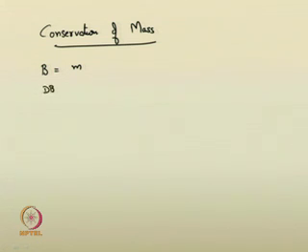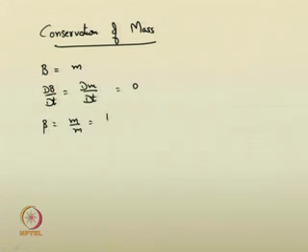Therefore, the material derivative of mass is 0. I hope you understand. Mass can neither be created nor destroyed. The intensive property, m by m, is equal to 1. We are considering incompressible fluid, so rho is not going to change with respect to space as well as time.